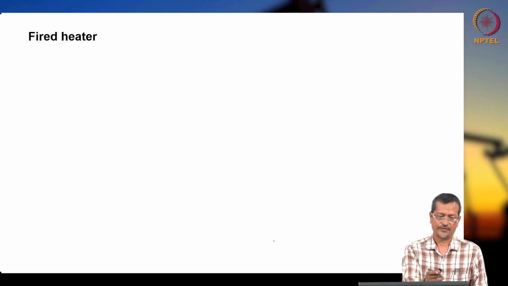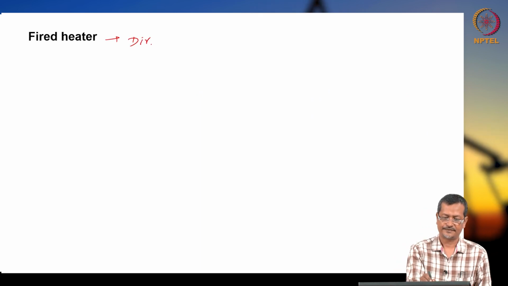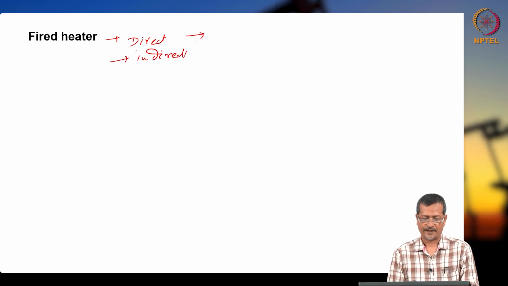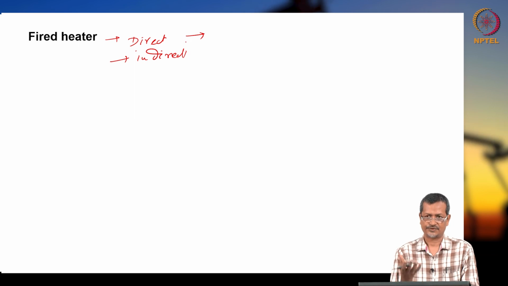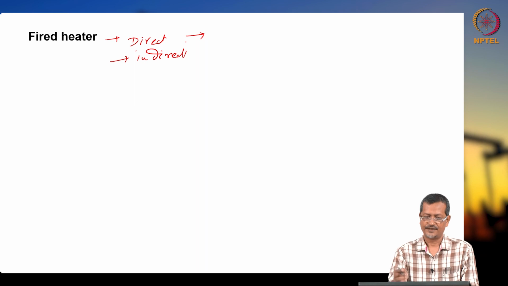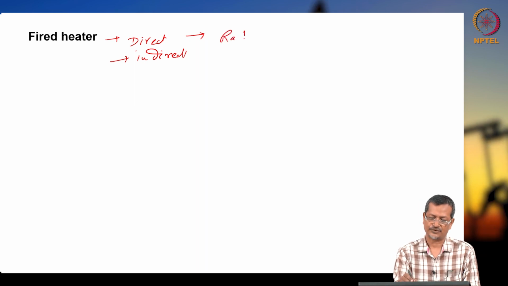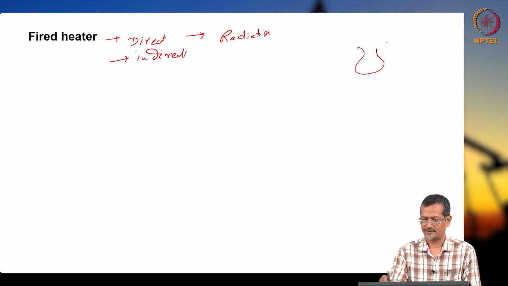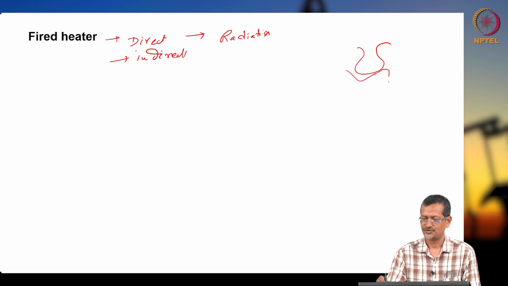Okay, we have direct fire heated and indirect. In a direct fire system, you are giving direct heat to the fluid you want to heat. In that case radiation will play the major role, mainly radiation. Hot gas is coming, you have an oven, right? You can remember this rural chula.